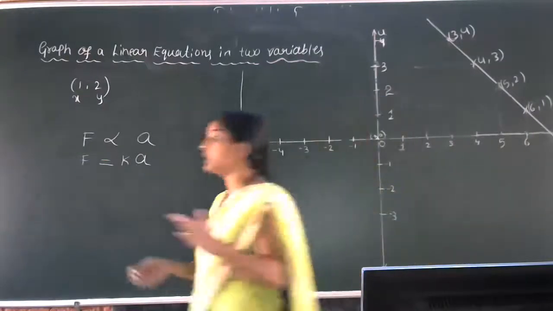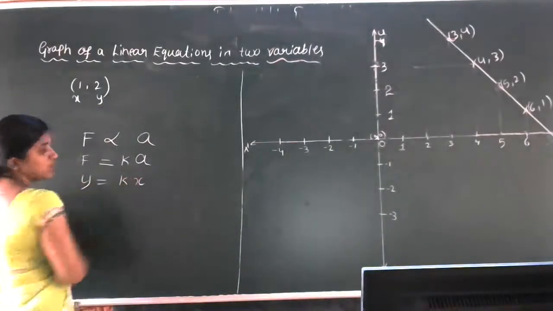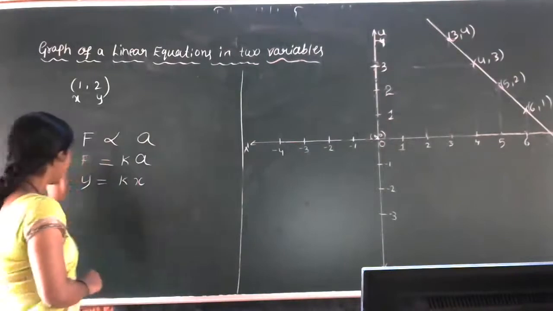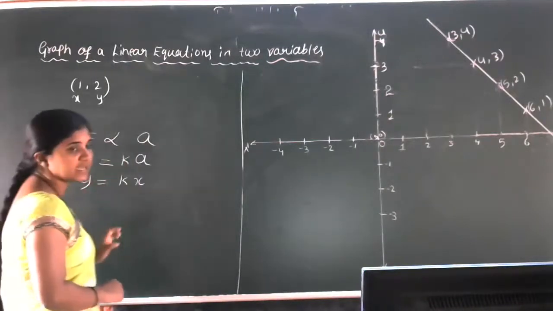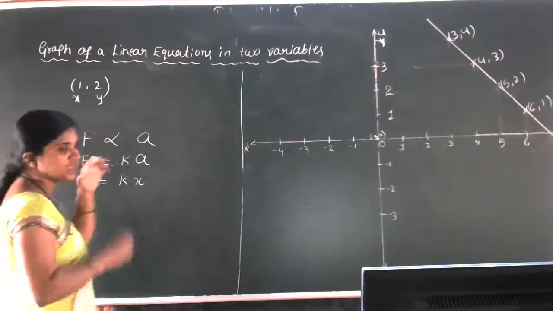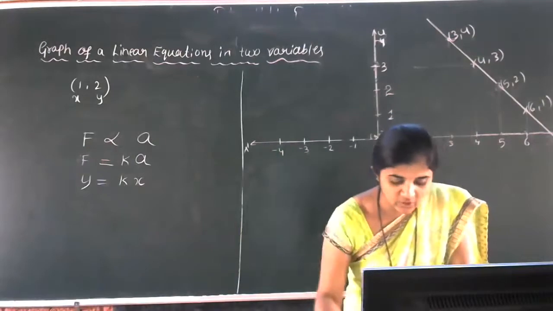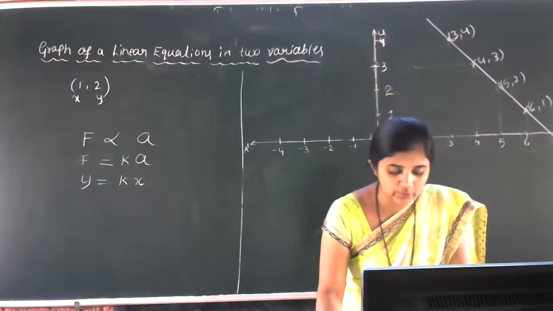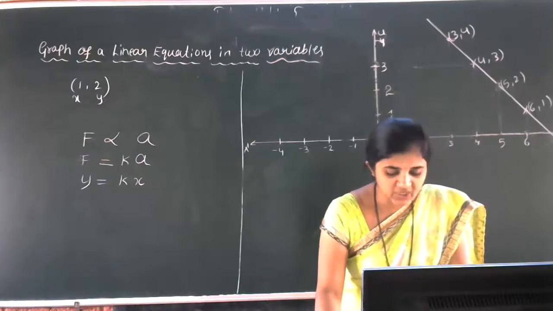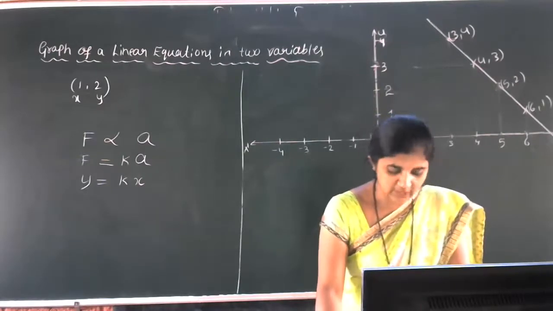Then we get the equation y is equal to Kx, with constant K. So again I'll read the question. You know that the force applied on a body is directly proportional to the acceleration produced in the body. Write an equation to express this situation and plot the graph of the equation.